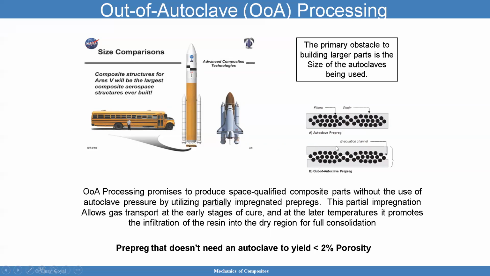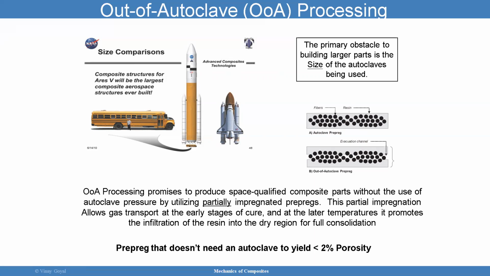But out-of-autoclave processing promises to produce space-qualified composite parts without the use of autoclave pressure by utilizing partially impregnated prepregs. This partial impregnation allows gas to transport at the early stages of the cure.